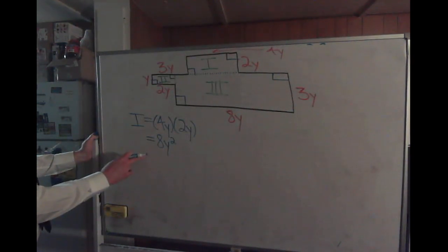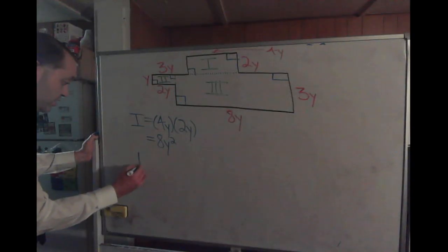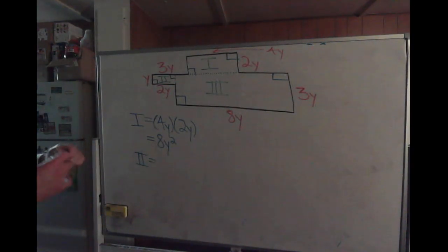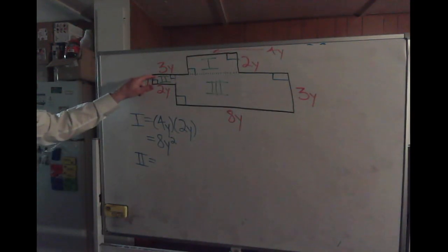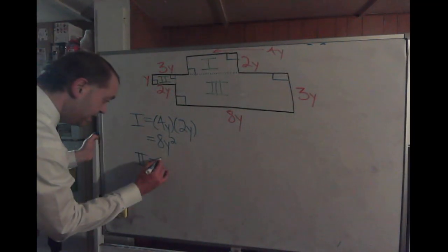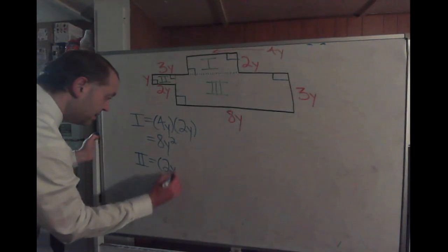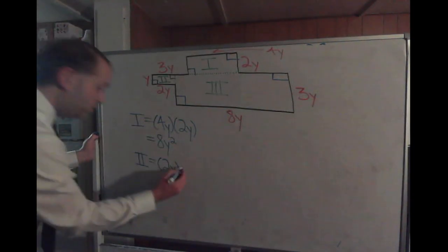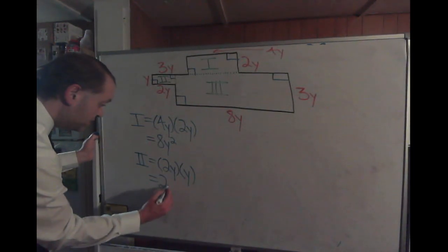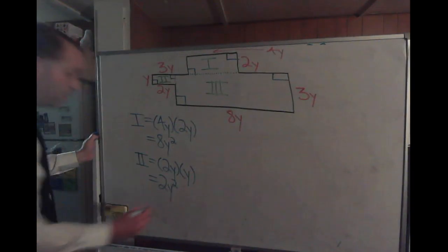So that's region 1. Now what about region 2? Let's really look at this here. You have the length of your base of this little rectangle being 2y. So you'll take the length of your base, which is 2y, times the length of your height, which is y, which would simply give you your area being 2y to the second power.